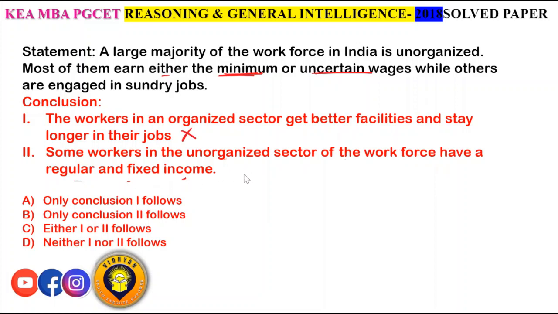Yes, they may be paid less, but yet they are getting a regular and fixed income. So this is true. Not large, but they are getting a minimum amount, and they are getting it regularly. So this conclusion 2 follows. Only conclusion 2 follows.